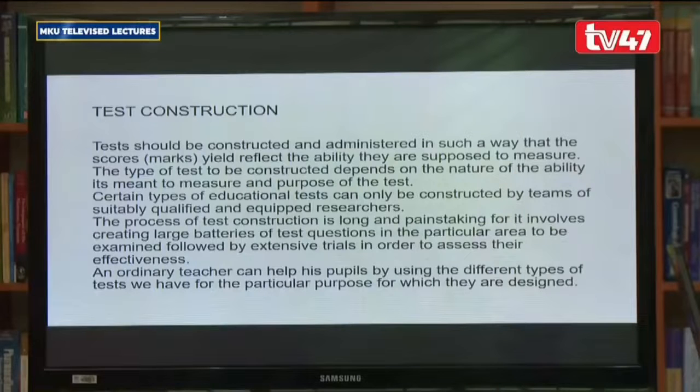For example, the level of their learning, their level of understanding, their ability to respond to certain types of questions, their way of responding to different questions in terms of whether they are able to understand complex or simple questions, whether they are able to interpret objective questions easily, or they are able to explain themselves comprehensively, and so on.